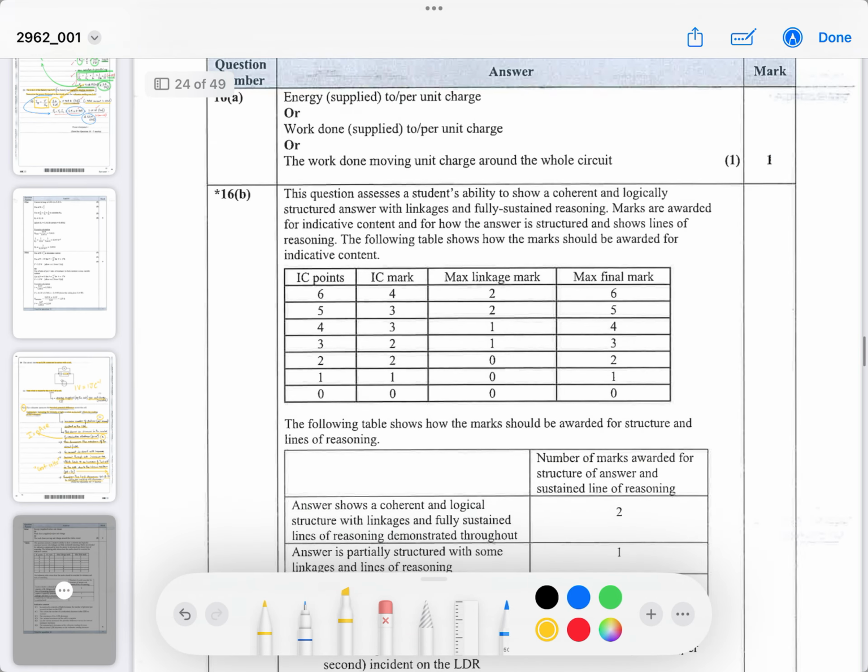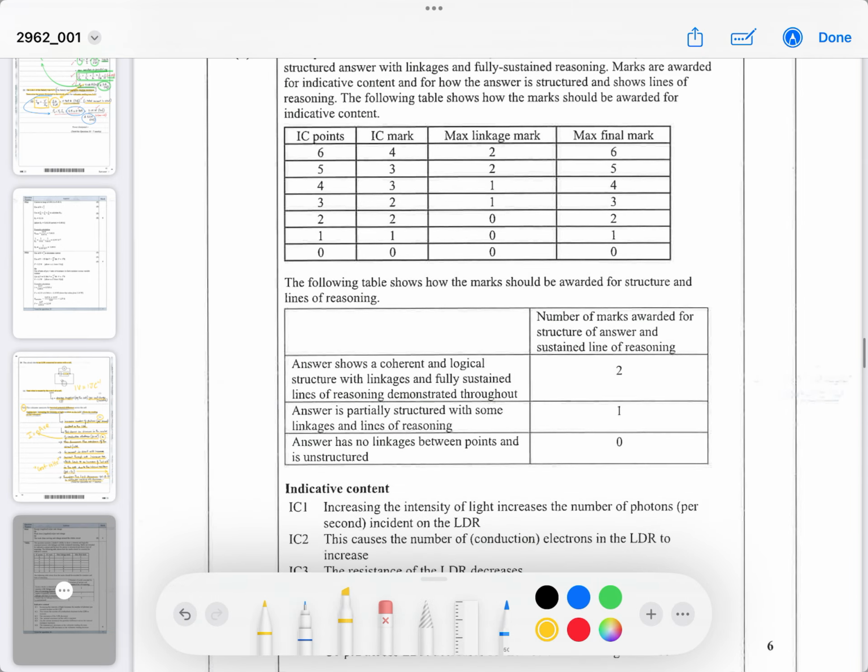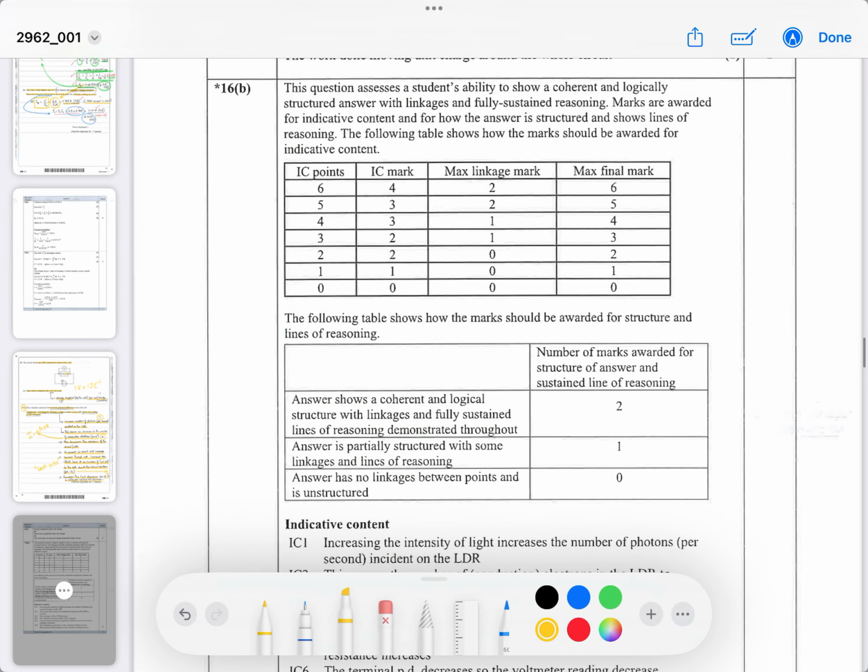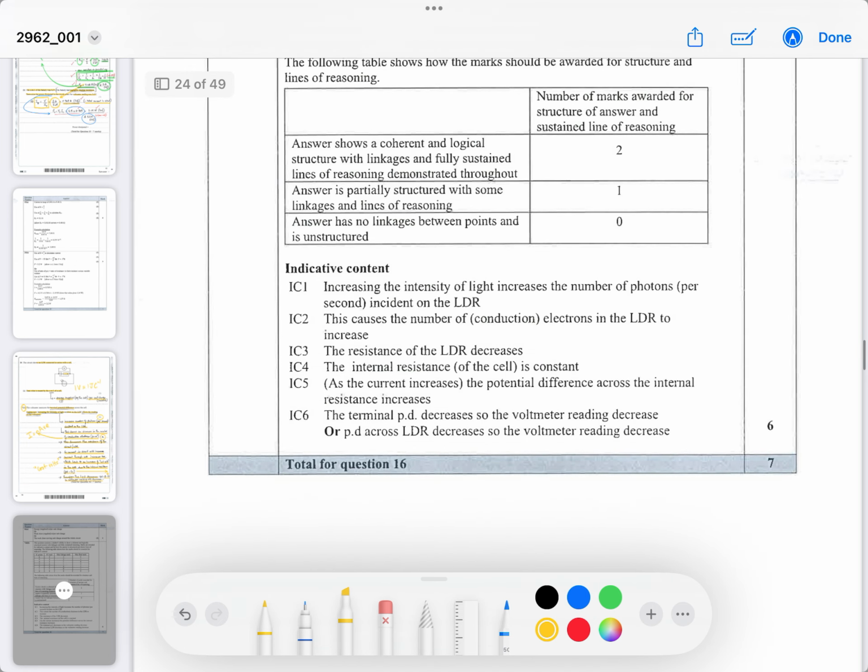Okay, so there's the mark scheme. Here's the 6 marker. They explain to you how they mark it. They're looking for 4 marks for the content that I've given and 2 marks for your reasoning. So if your answer shows a logical and coherent structure with clear linkages, fully sustained without any confusion, you will get the 2 marks from the way you're answering it.